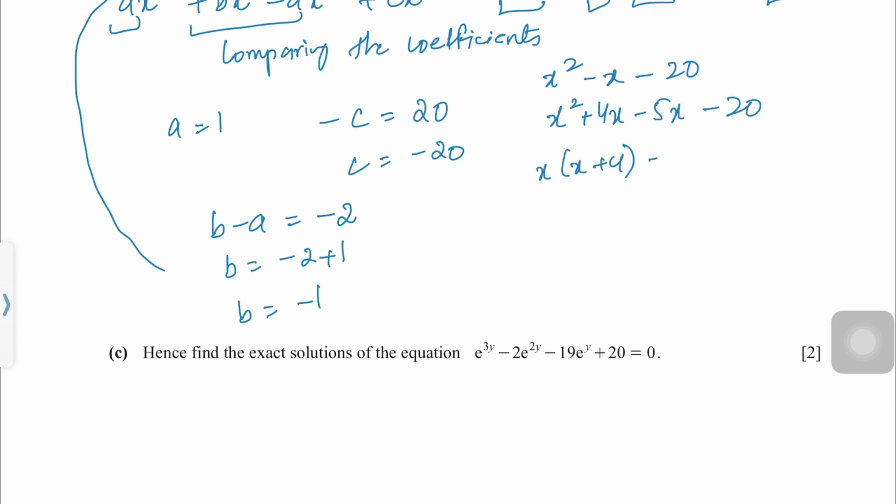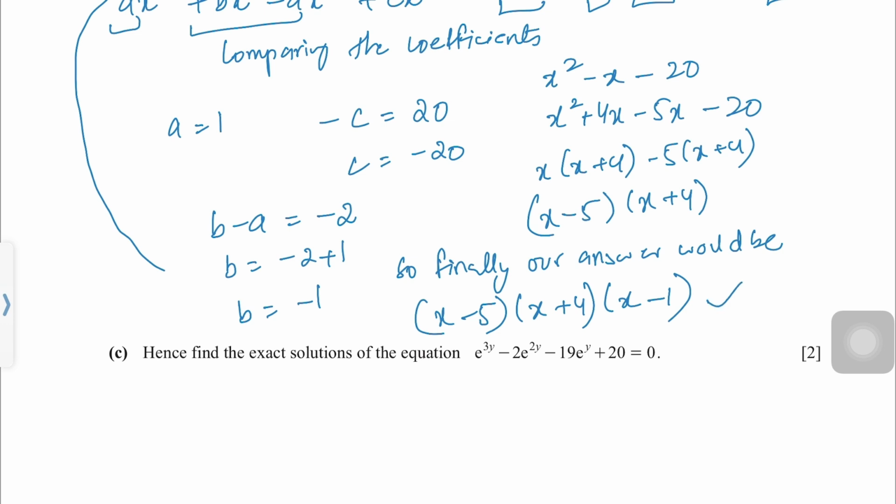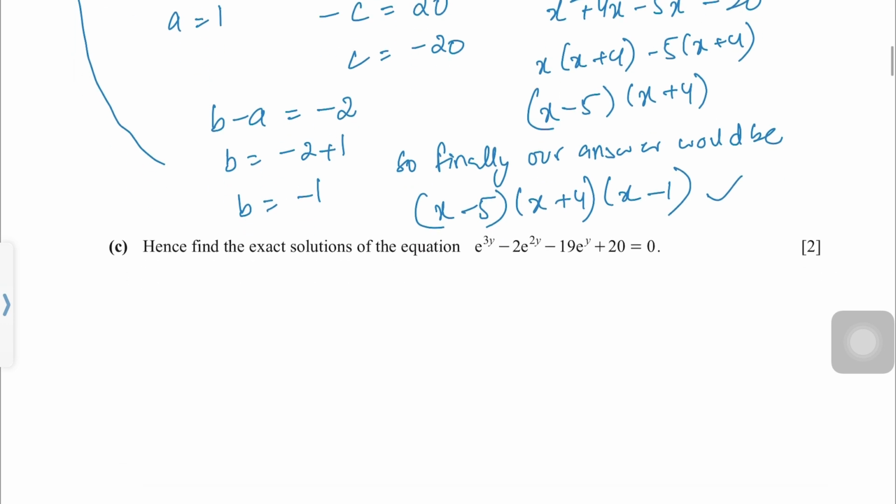This would be x plus 4, x minus 5, and then x plus 4. So finally our answer would be x minus 5, x plus 4, and then x minus 1. So this is our final answer.